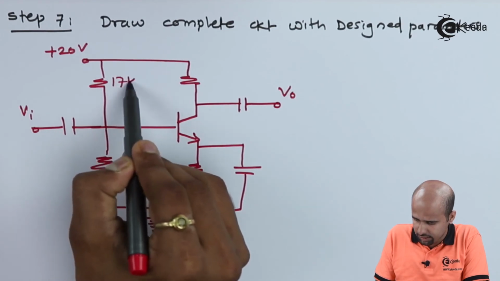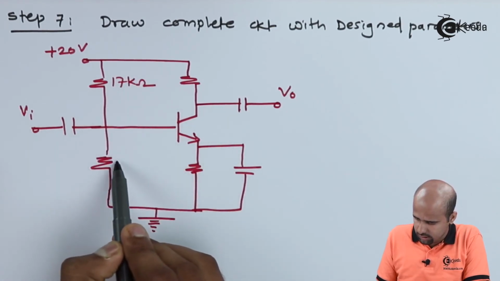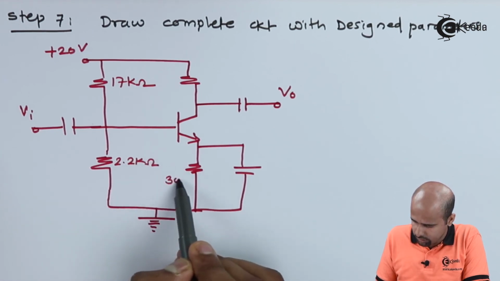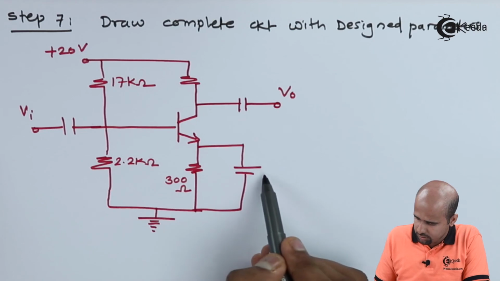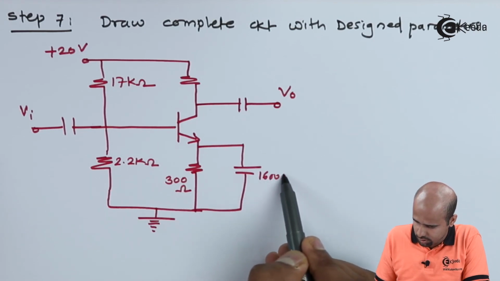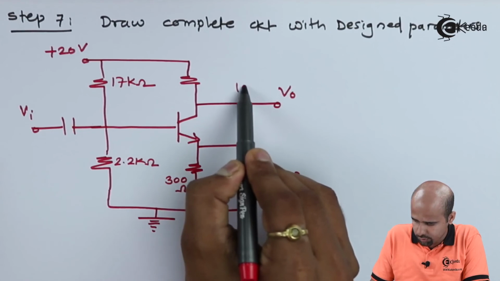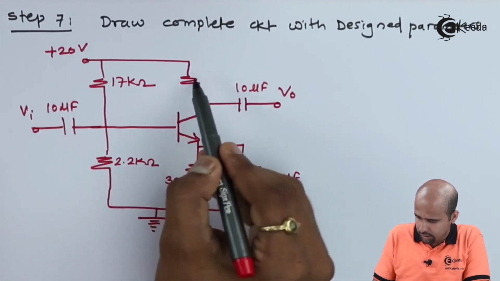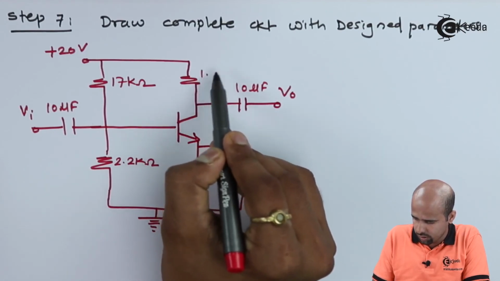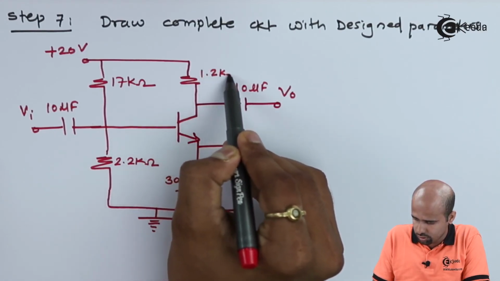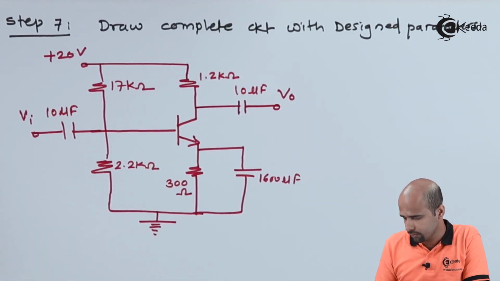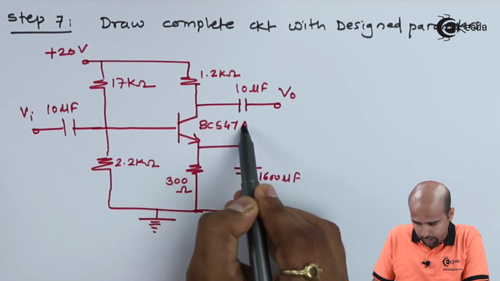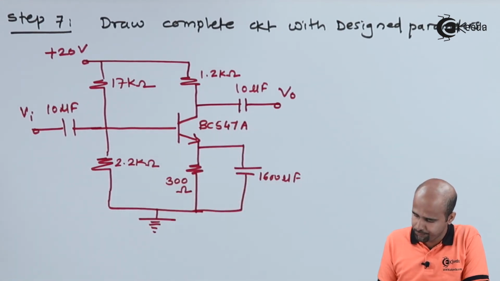R1 is 17 kilo ohm. This is 2.2 kilo ohm. RE is 300 ohm. This is 1600 microfarad, which is a very high value. This is 10 microfarad. This is 10 microfarad. And this is 1.2 kilo ohm. We are using BC547A as the transistor part.